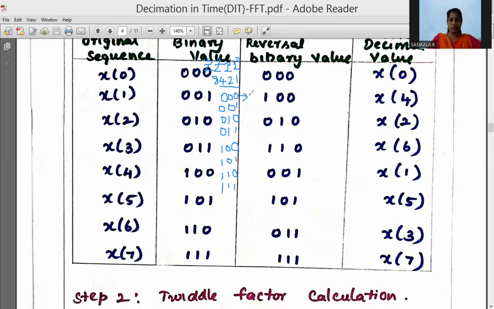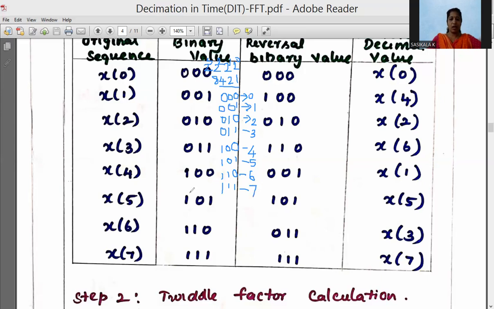So 0, 0, 0 is 0, 0, 0, 1 is 1, 0, 1, 0 is 2, 0, 1, 1 is 3, 1, 0, 0 is 4, 1, 0, 1 is 5, 1, 1, 0 is 6, and 1, 1, 1 is 7.